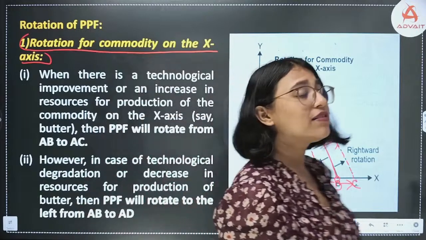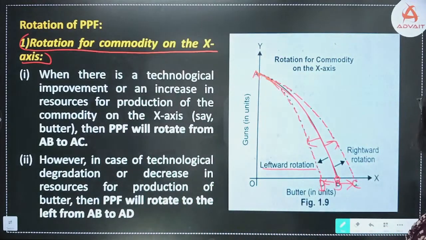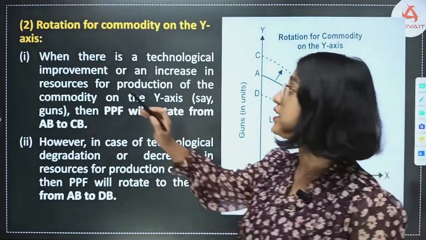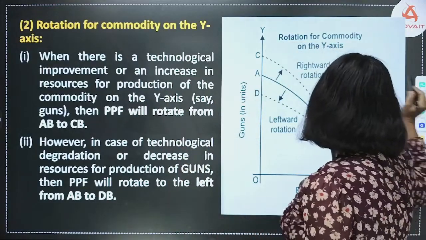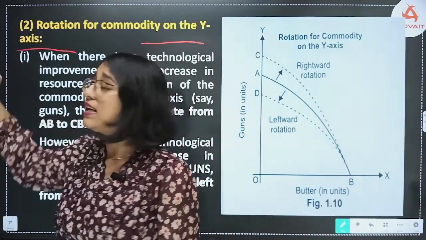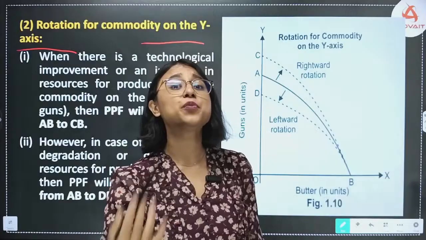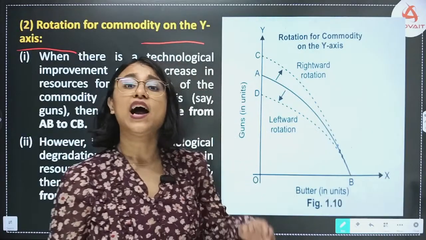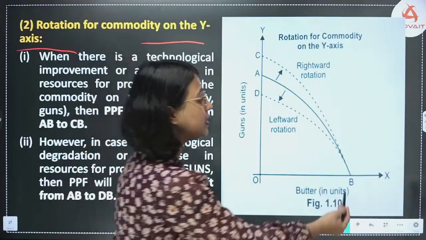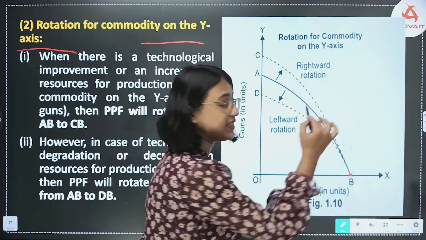On the other hand, let us consider ebar productive capacity increase hobo for the good that we are taking on the y-axis, that is guns. Now, let us consider je ki guns or productive capacity increase hoise aru butter or productive capacity same ase. Therefore, there will be no change along the x-axis, right?